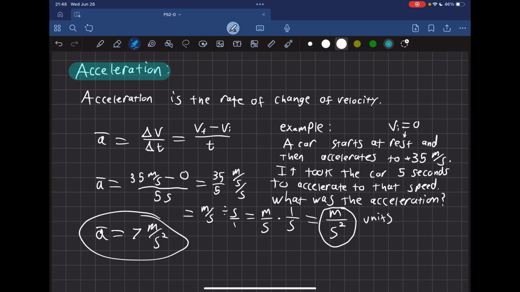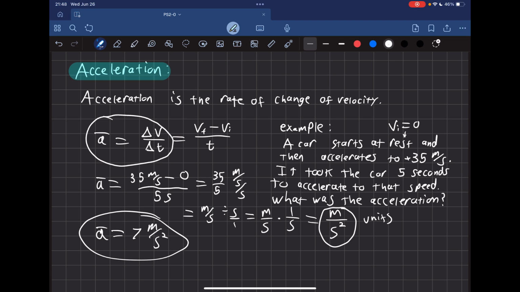Next, let's talk about acceleration. So acceleration is the rate of change of velocity. So just like how velocity was how much the displacement is changing per second, acceleration is how much the velocity is changing per second. So the equations look very similar to each other.